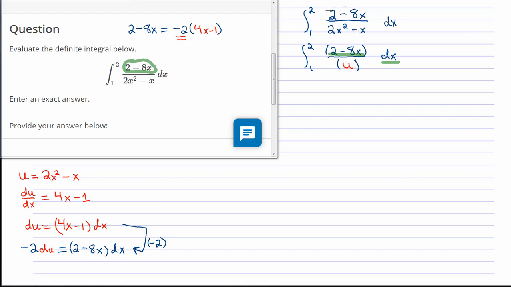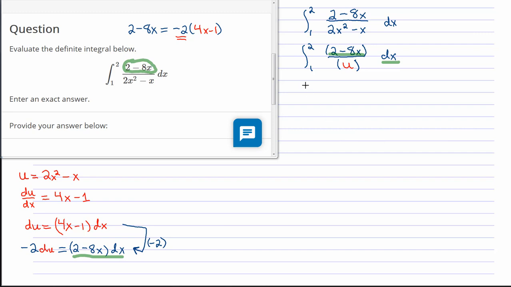A lot of the time we don't write those parentheses, but part of the notational convention is that they are always assumed to be there. And so what we got here is my green stuff. Here's the green stuff, and here's the green stuff. Those are exactly the same thing. And so what that means is I can trade all of that green stuff in for a -2 and a du.